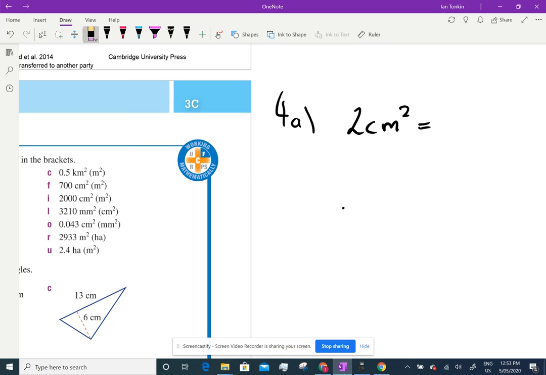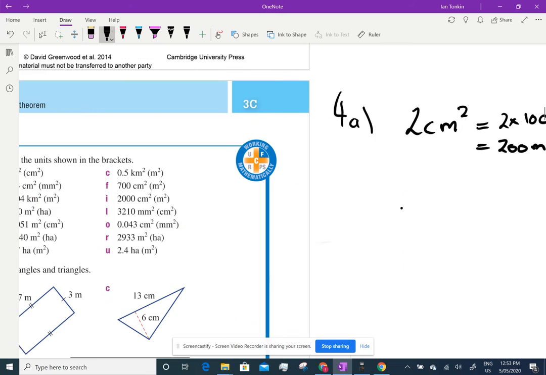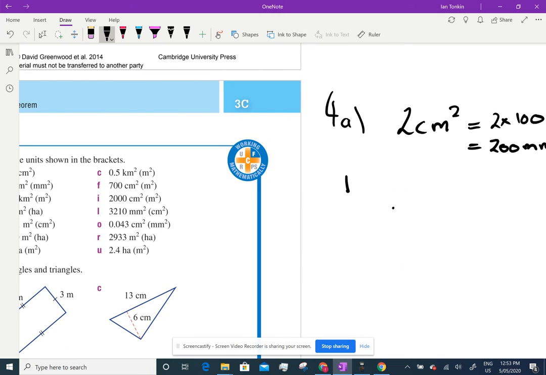So 2 times 100, 200 millimetres squared. 3 hectares, we've already done one like that. So this is D, 3 hectares. You go back and check, but I know it's 3 times 10,000 metres squared, so 30,000 metres squared.